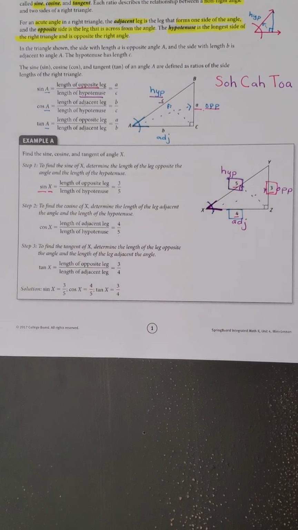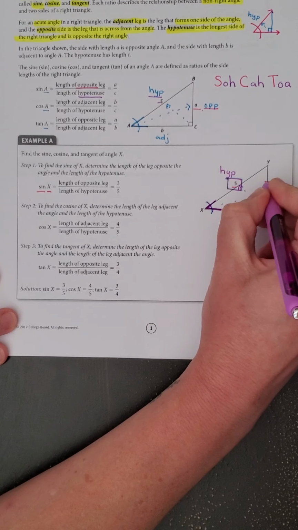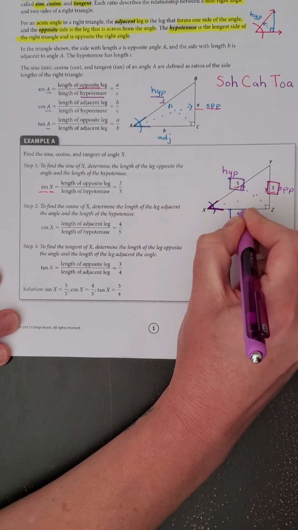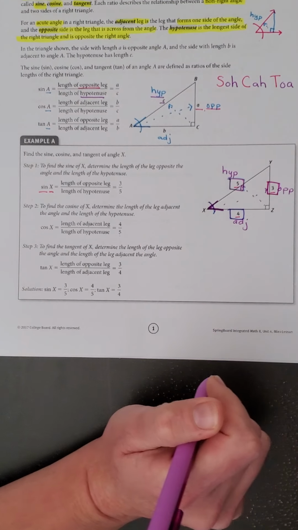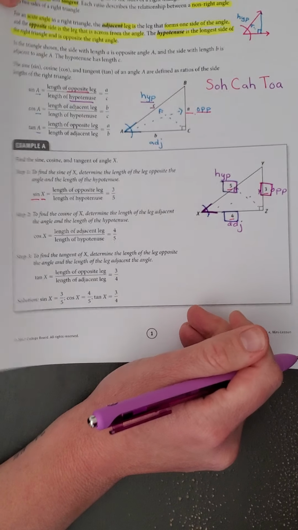And tangent of x would be opposite, 3, over adjacent, 4: 3 over 4. They may ask you for it as a ratio or a decimal, and in this case, they're leaving it as a ratio or a fraction.